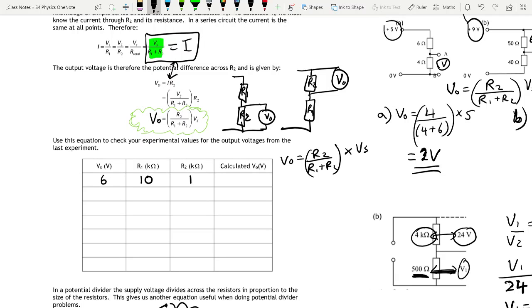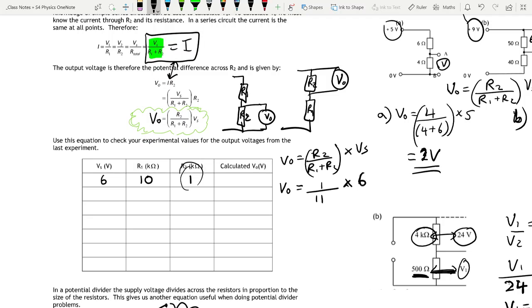times by Vs. And R2 is always going to be this column here. So for the first one, V out is going to be 1 over 11 times by the supply voltage, which is 6. So get your calculator out. Have a go. I'm just going through it now.